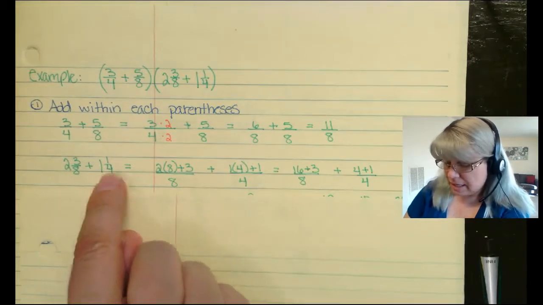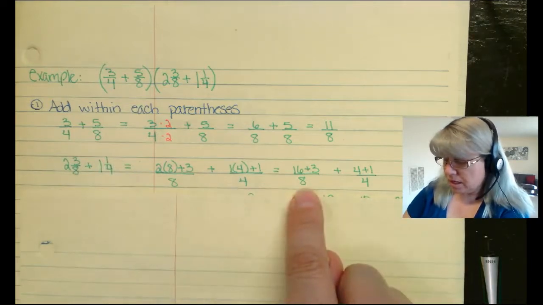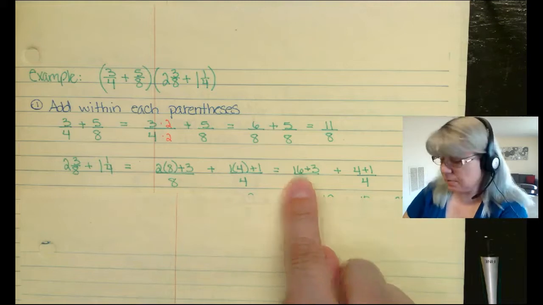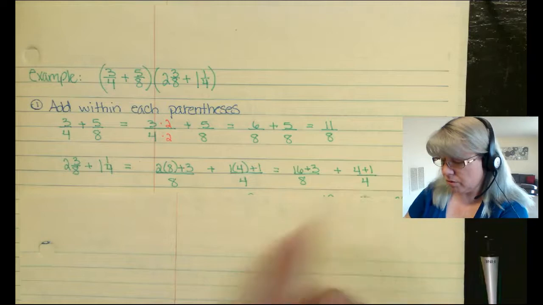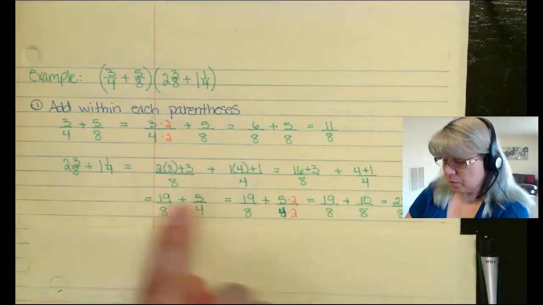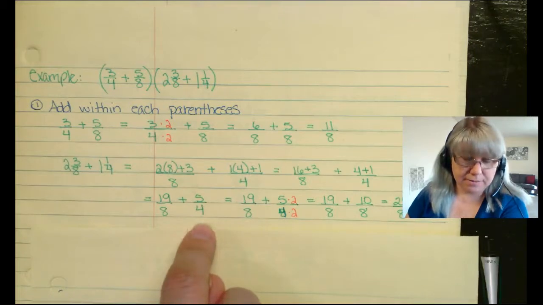Converting the second, 1 times 4 plus 1. That will give me, for the first fraction, 16 plus 3 all over 8. For the second fraction, 4 plus 1 all over 4. Giving me 19/8 plus 5/4.